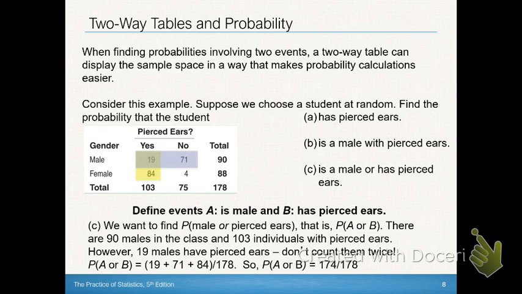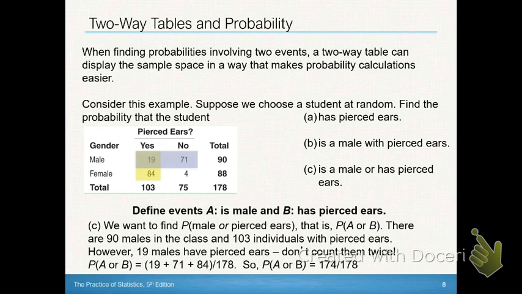But here's where things get a little tricky for part C, where we want to find the probability that someone is male or has pierced ears. We have to be careful that we don't count anyone twice. There are 103 people we saw from part A that have pierced ears, and when we did part B, there were 90 people that were male, but we wanted to be careful about not counting the 19 people that were both male and have pierced ears.